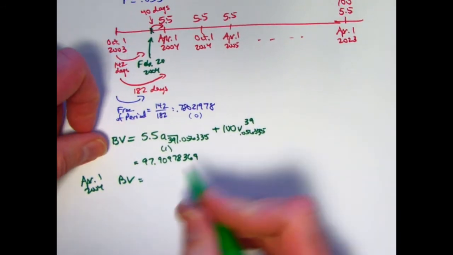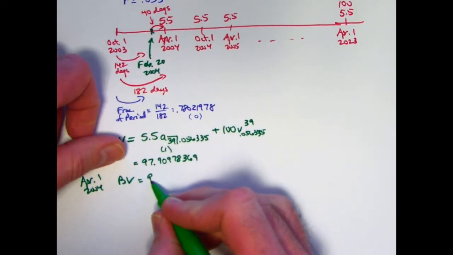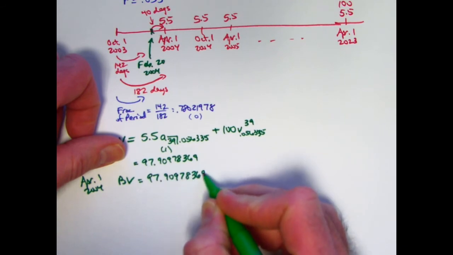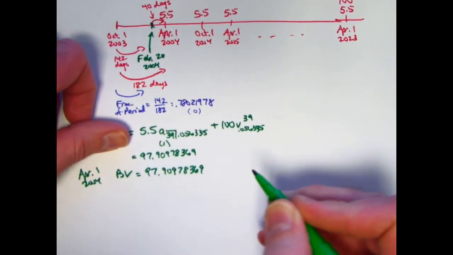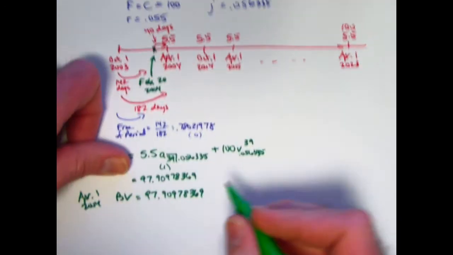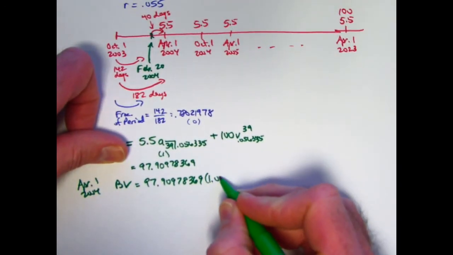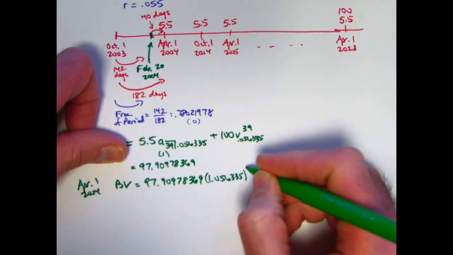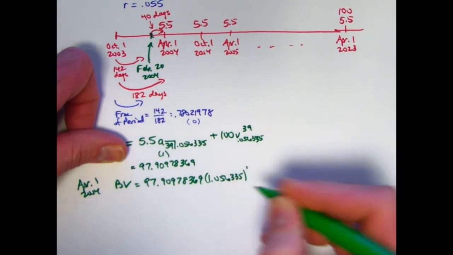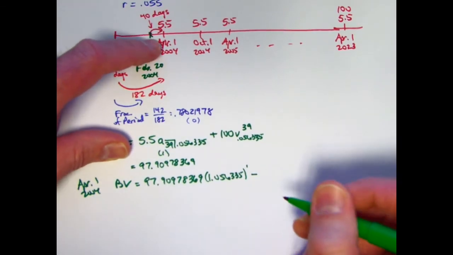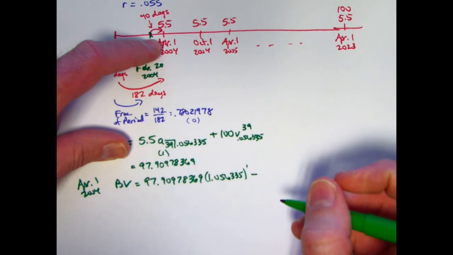We could also think of it as pushing this amount forward in time, 97.909,78369, by the growth factor, which would be 1 plus j, j being this thing here. So that would be 1.056335. Raise it to the first power, multiply by that, and then subtract the coupon payment.